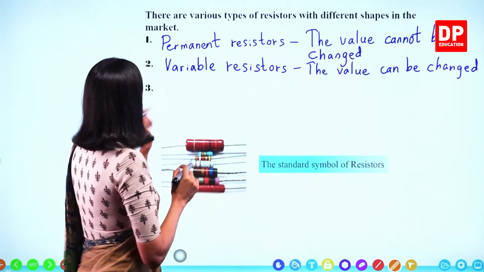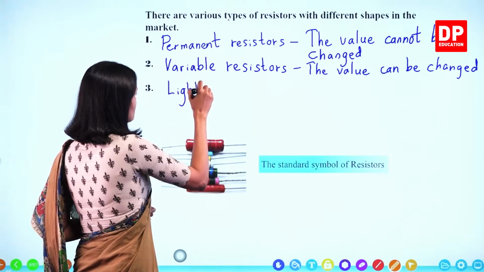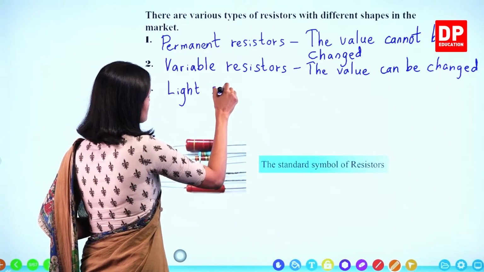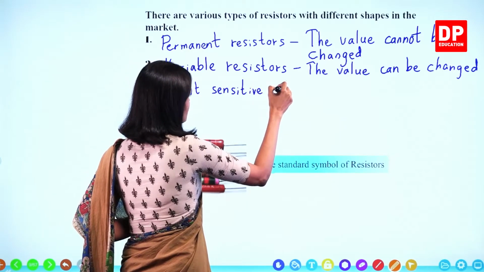Okay. Number 3. Light sensitive resistors.